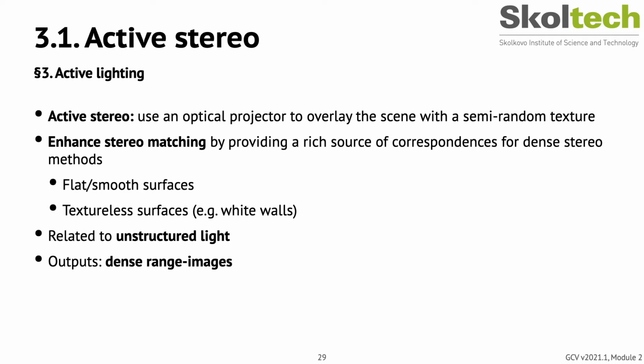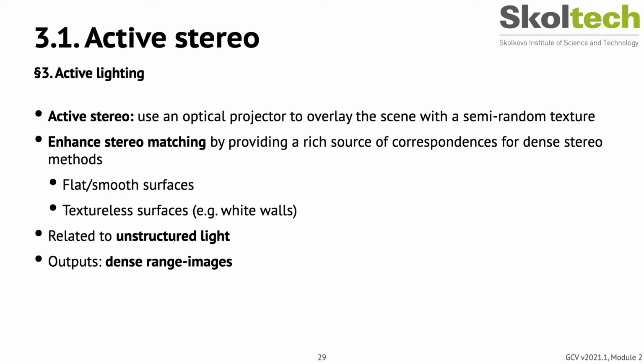The goal of this texture is to facilitate finding correspondences, in particular in the case of textureless surfaces like monochrome walls. When an active texture projector is available, the corresponding stereo matching technology is sometimes called unstructured light.